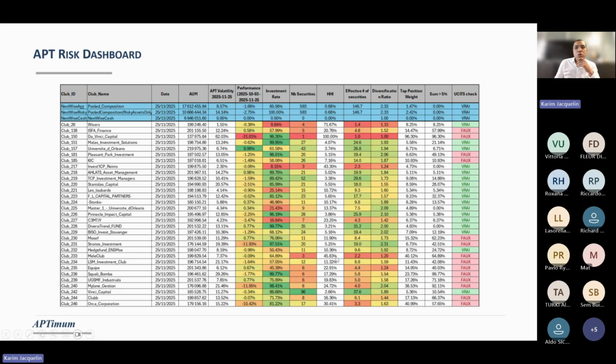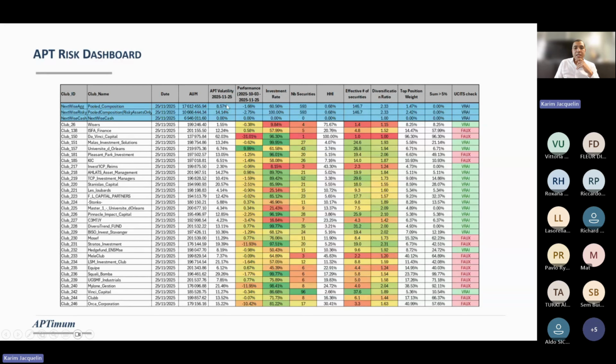So just before we go to the detailed reports, you also have a risk dashboard that you receive in an Excel format, where you have all the clubs. So you have the asset under management. So the first line represents the aggregated portfolios. So the pooled composition, including cash, the pooled composition excluding cash, so only the risky assets, and the cash.